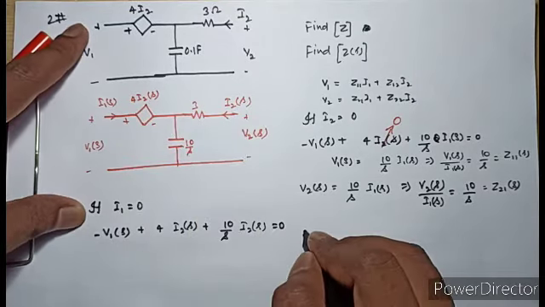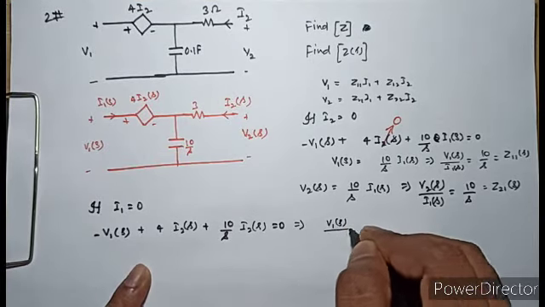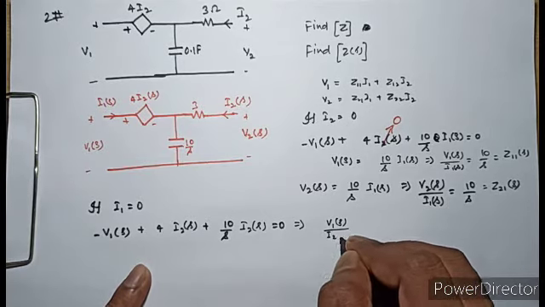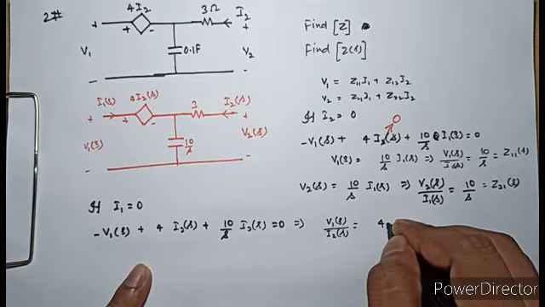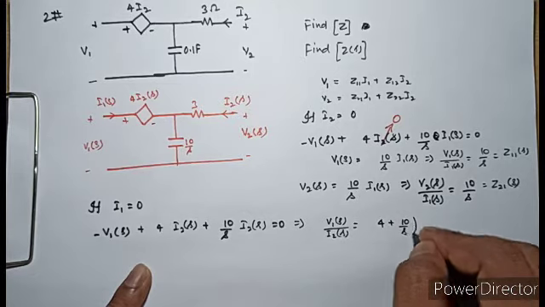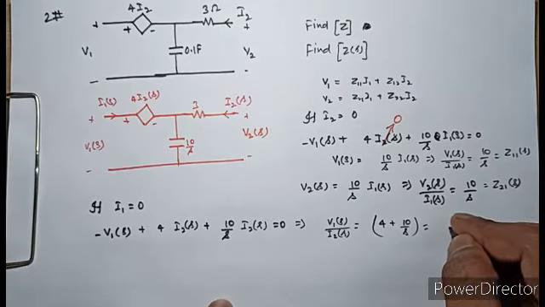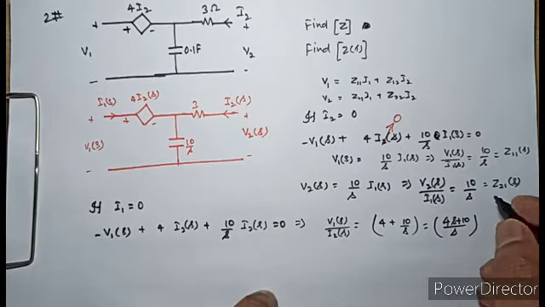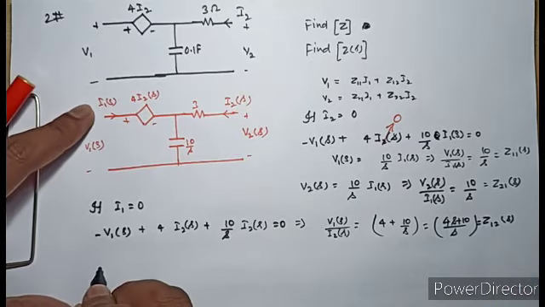This will be equal to 0, and from here our V1s by I2s will be nothing but 4 plus 10 by S, which after simplification will become 4s plus 10 by S, and this is nothing but our Z12s, isn't it?